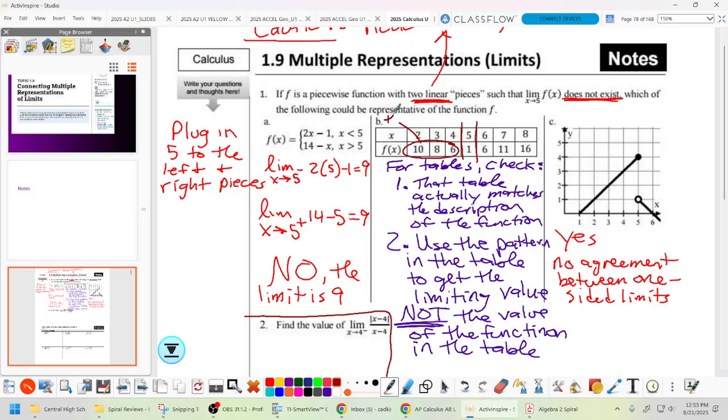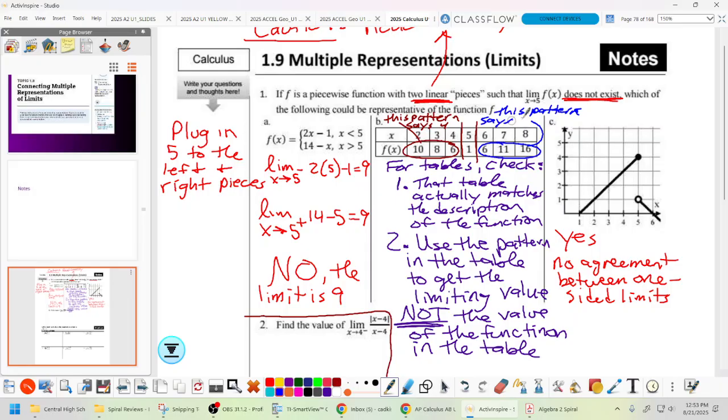And this pattern tells us what the value at 5 should be. Yeah, it says 4. And the other pattern, going backwards, says 1.